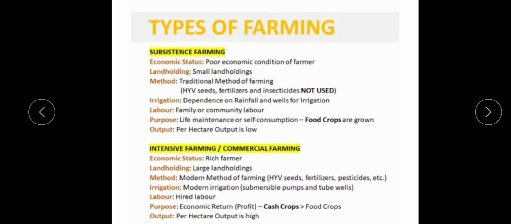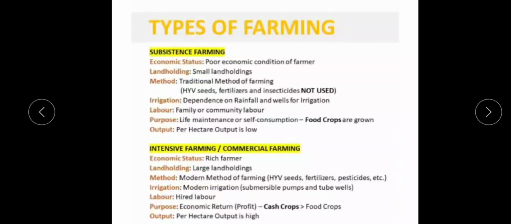More importance is given to economic returns in this type of farming, and therefore it is also known as commercial farming.